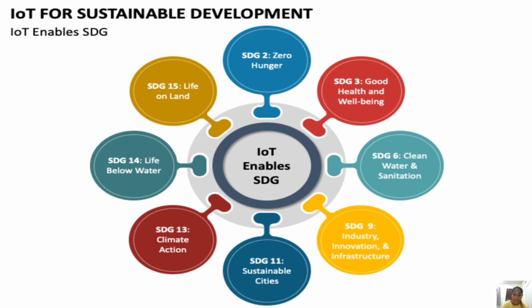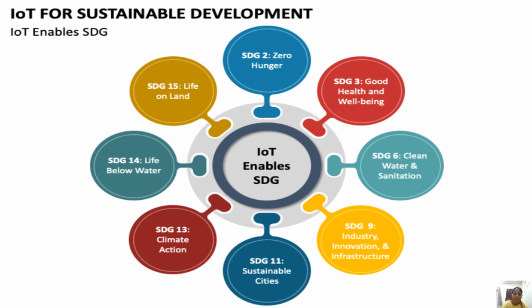And we have SDG 14, that is life below water. Devices can monitor marine environments for pollution levels, water quality, and marine life health. This real-time data helps in managing marine resources, preventing overfishing and protecting the marine ecosystem.